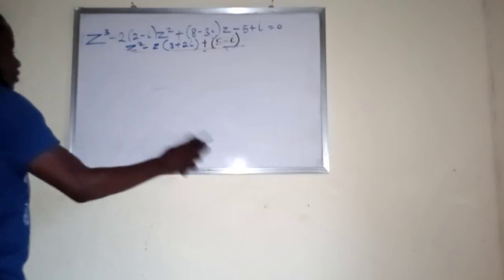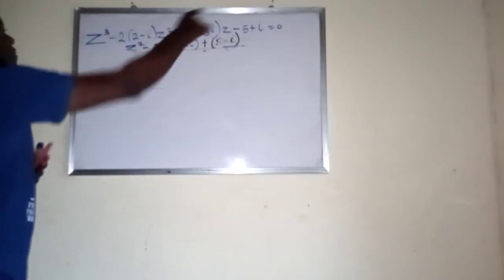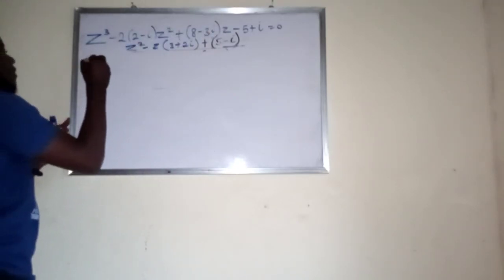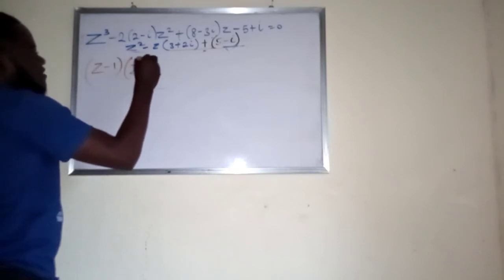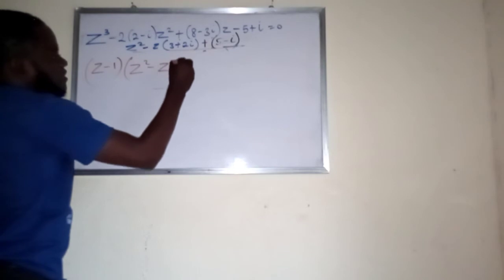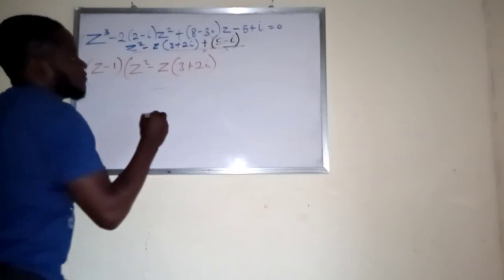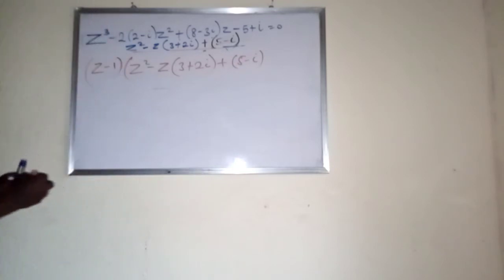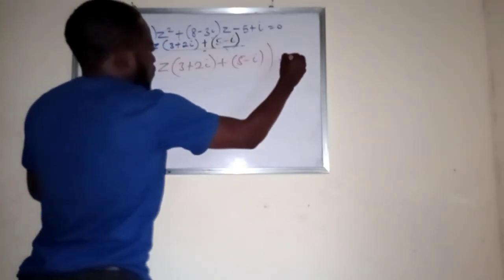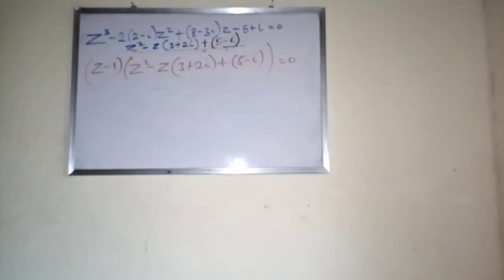Okay. So, the factor of this particular equation will now become z minus 1 times z squared minus (3 plus 2i) z plus 5 minus i, all equal to 0.